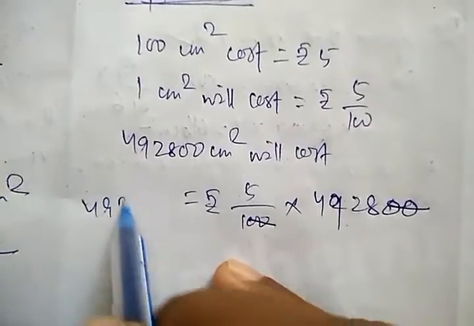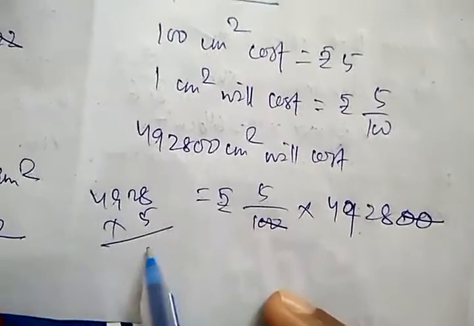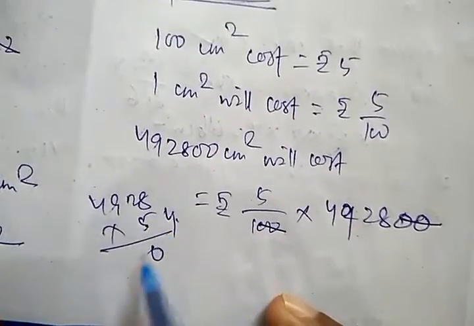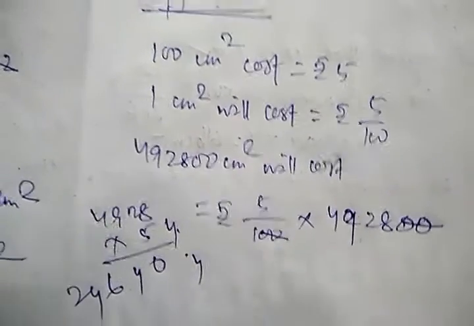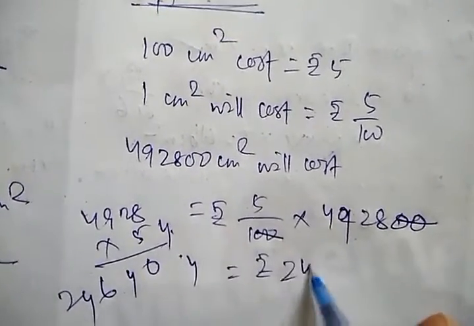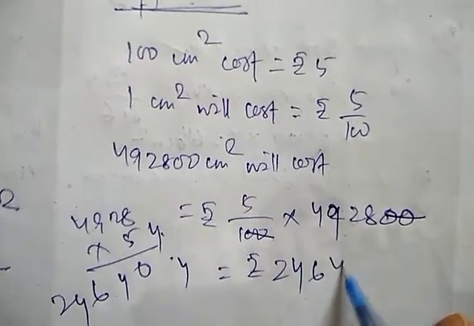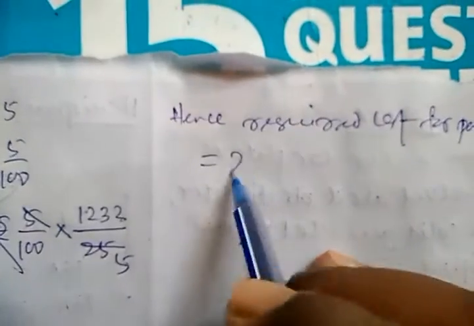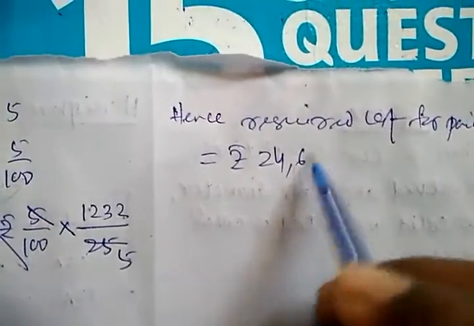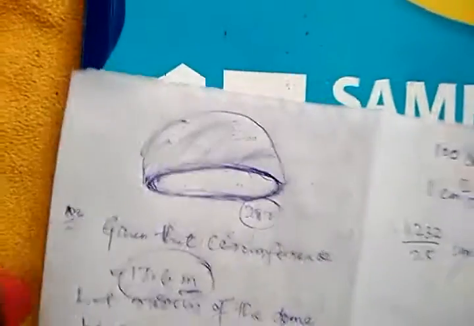Now multiply 4928 into 5. So answer is rupees 24640. Hence required cost for painting is equal to rupees 24,640. So this is the thing.